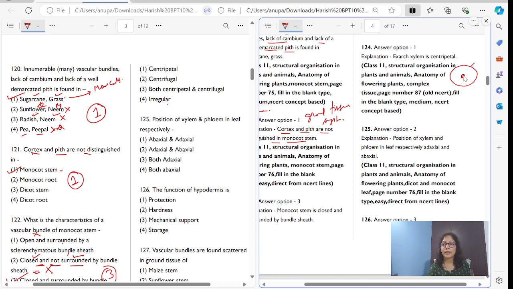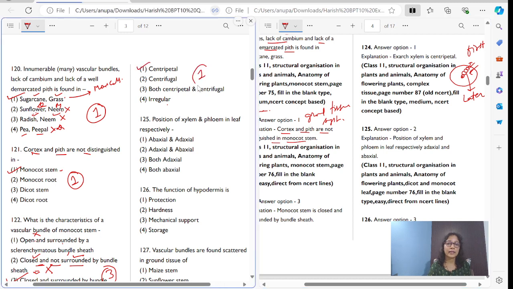In exarch, the protoxylem is towards the periphery and the metaxylem is towards the pith. And we know that protoxylem is the first formed primary xylem and metaxylem is the later formed primary xylem. So the formation is taking place like this, and this type of arrangement is called centripetal. Hence the answer for this question will be option number 1, centripetal. The formation of exarch xylem is centripetal. Now let's move to the next question.